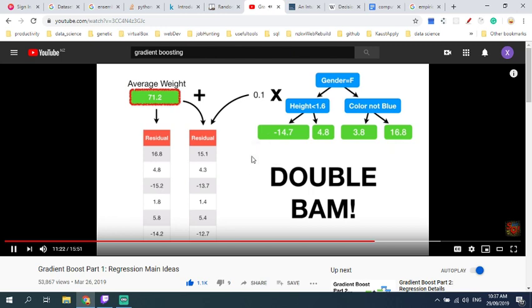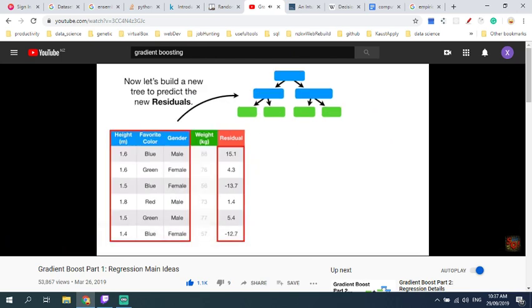Double bam! Now let's build a new tree to predict the new residuals.